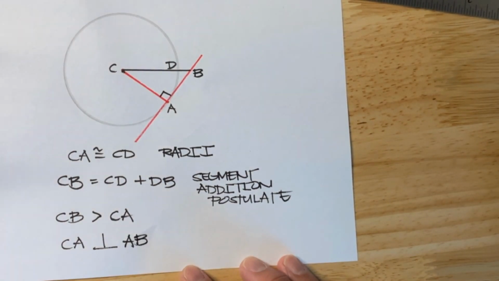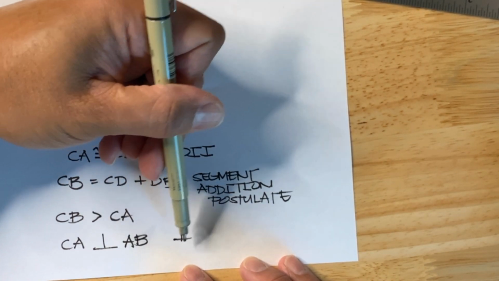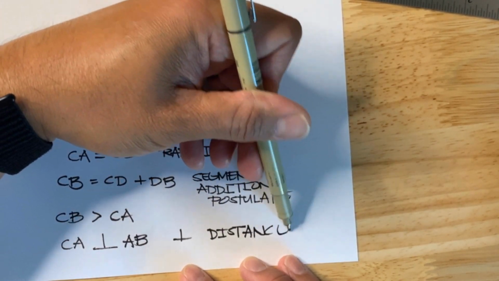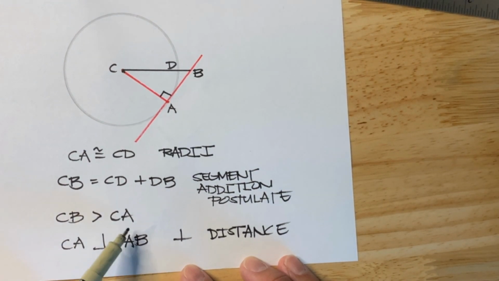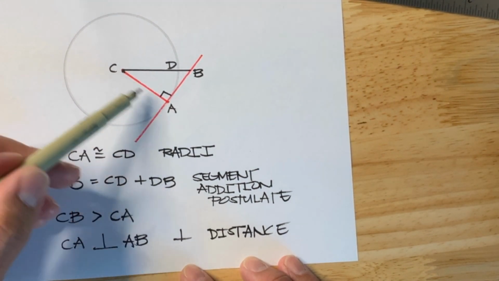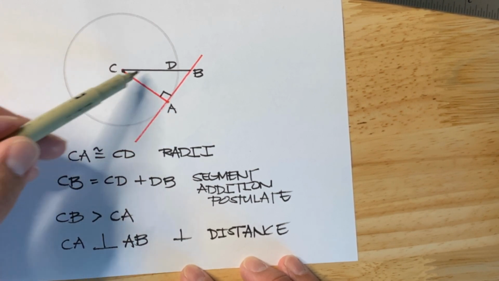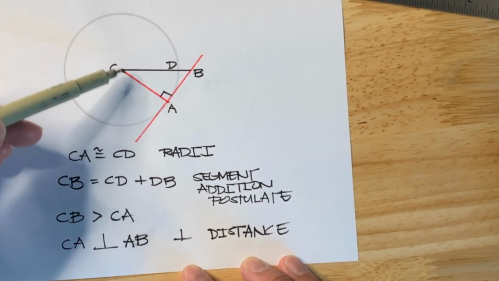And if you want a reason, you can say perpendicular distance, because CA is the shortest distance from the center to here compared to any other line.